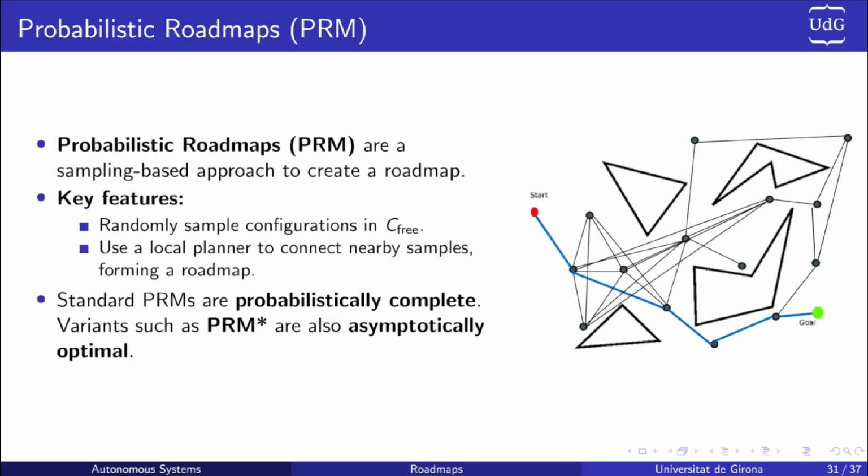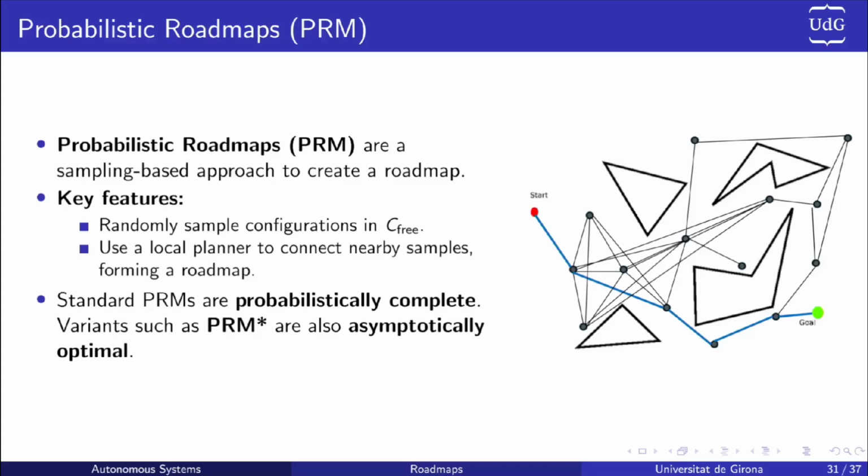What people normally do is combine a global planner, an algorithm that has access to the environment and is able to find a nice route from your position to the goal position, with local planners.